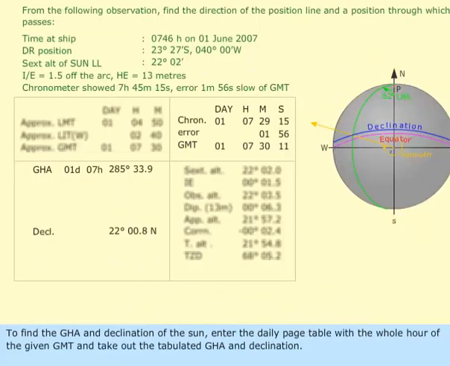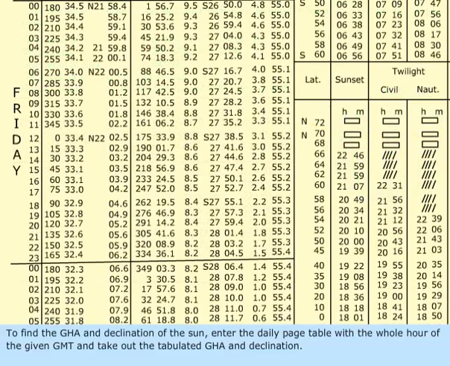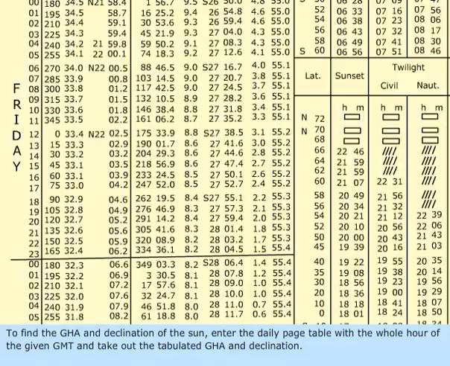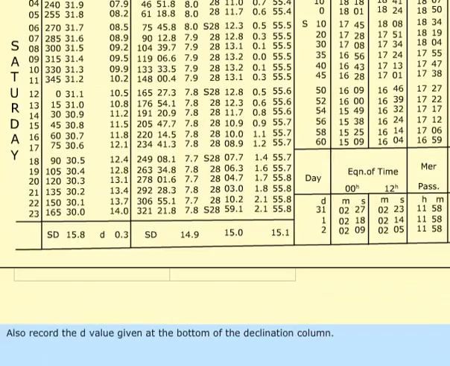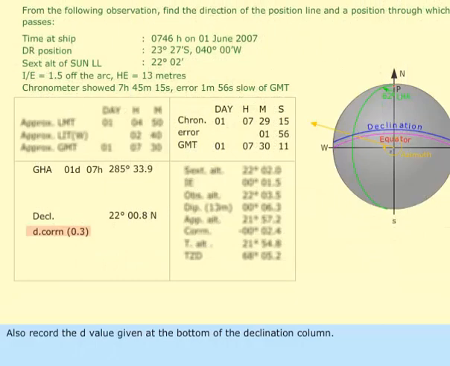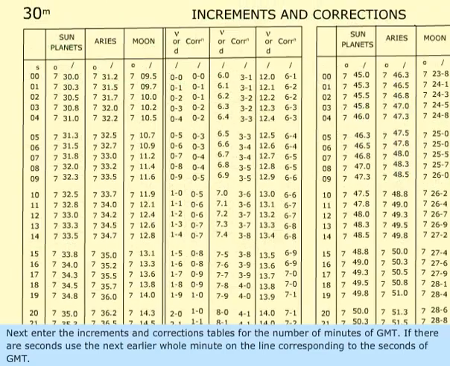To find the GHA and declination of the Sun, enter the daily page table with the whole hour of the given GMT and take out the tabulated GHA and declination. Also record the D value given at the bottom of the declination column. Next, enter the increments and corrections table for the number of minutes of GMT.